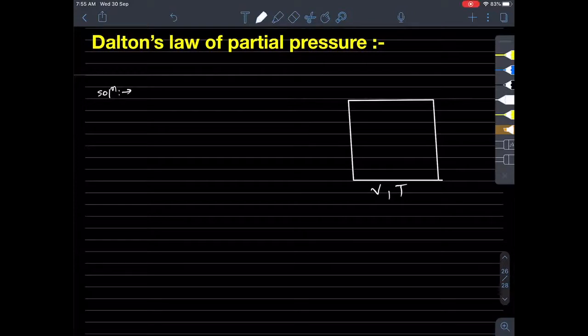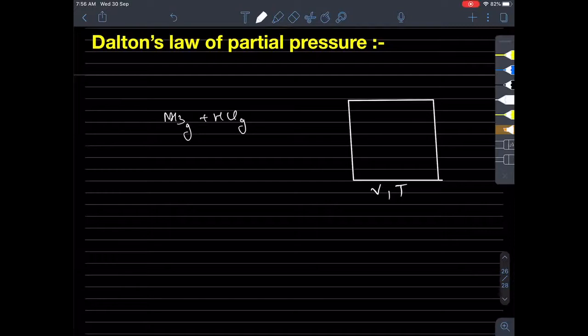But the important point is that it is valid only if the gases are non-reactive in nature. What do I mean to say? Suppose you added ammonia and HCl. Guys, both are gases at room temperature.